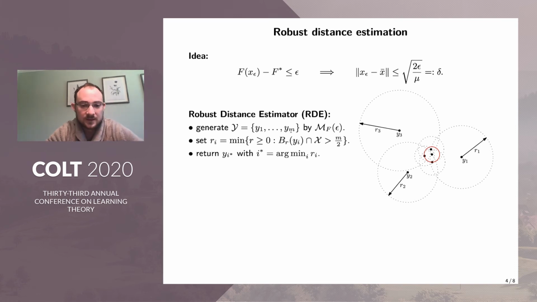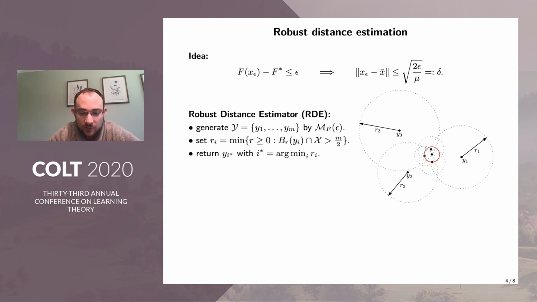The robust distance estimation technique is a very simple procedure which does the following. It generates y1 through ym just by running the oracle. Now we don't evaluate the function value at y1 through ym, but instead we grow out a ball around each individual point y1, y2, y3, etc., until this ball contains the majority of the points, so m/2 points.